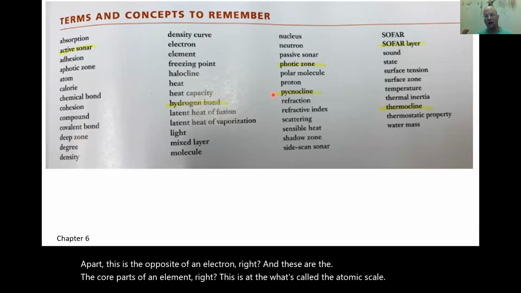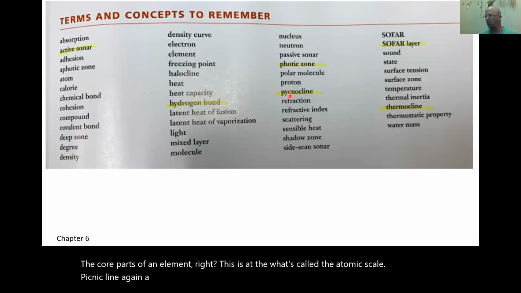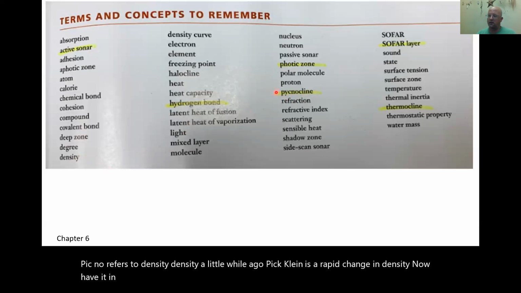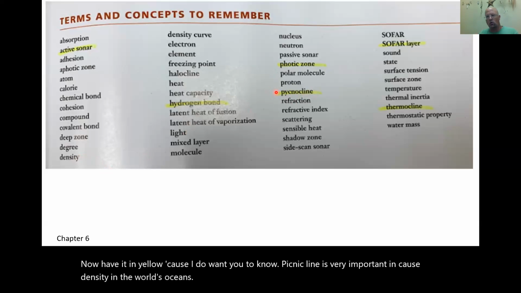Pycnocline, again, a cline. Pycno refers to density, right? We talked about density a little while ago. Pycnocline is a rapid change in density. Now I have it in yellow because I do want you to know pycnocline is very important, because density in the world's oceans controls how most of the water moves.